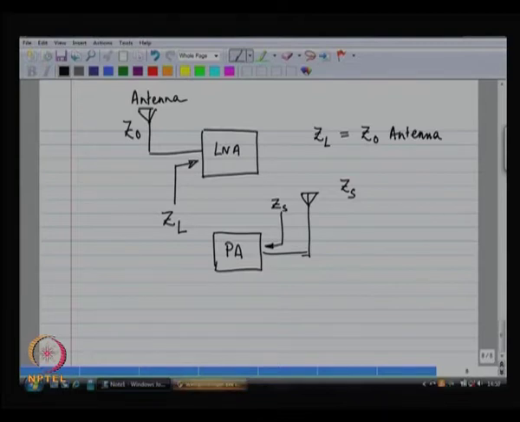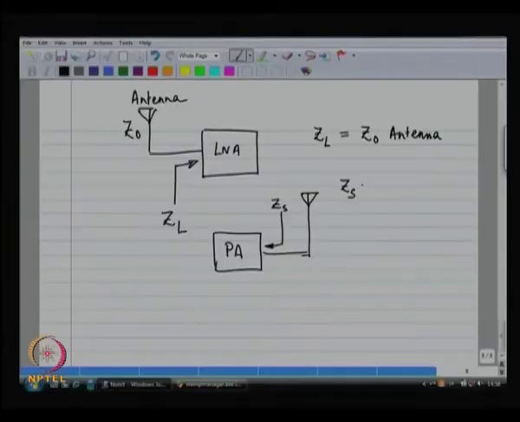No, you can model the power amplifier as a Thevenin equivalent voltage source in series with a source resistance. So, that source resistance is what I am talking about, source impedance. You would like to design ZS to be equal to the antenna characteristic impedance. All right. So, this is something very important for us.